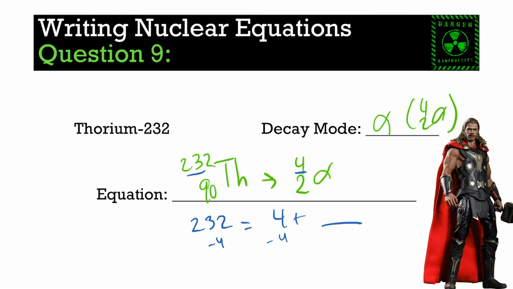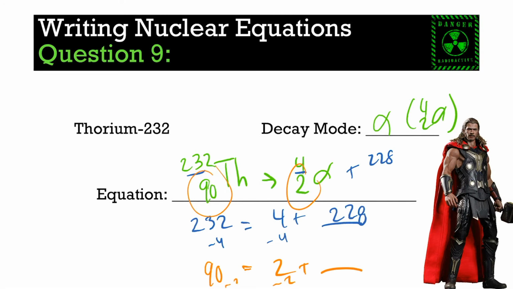We minus 4 to both sides. We get 228 on top. And then bottom, we get 90 equals 2 plus something. Minus 2 minus 2. We get 88. Element 88 is Ra.